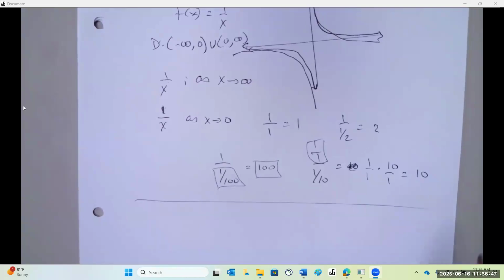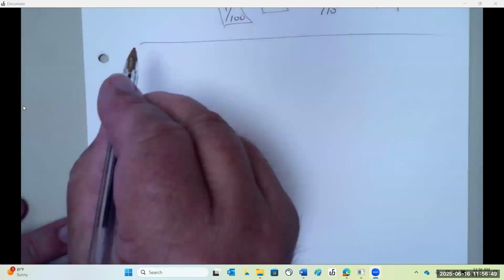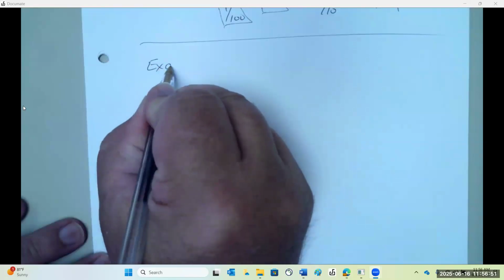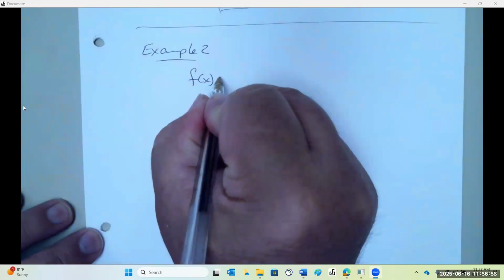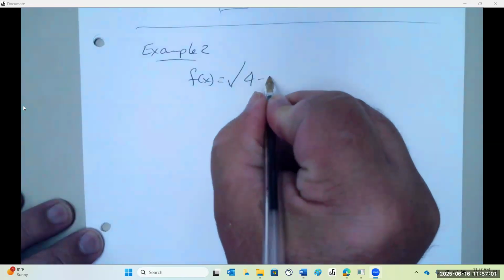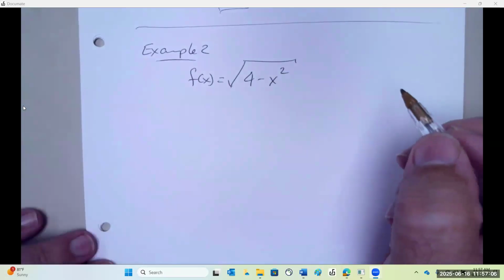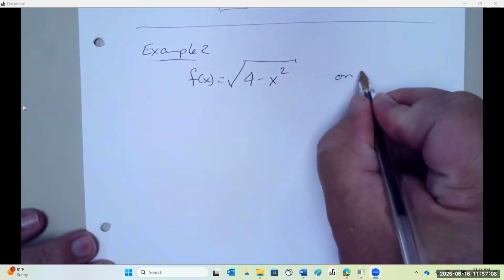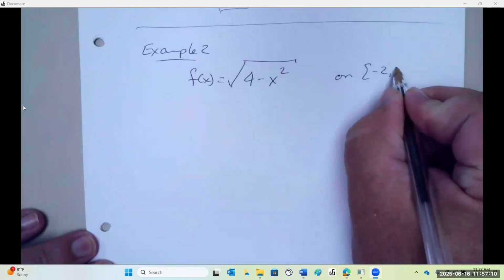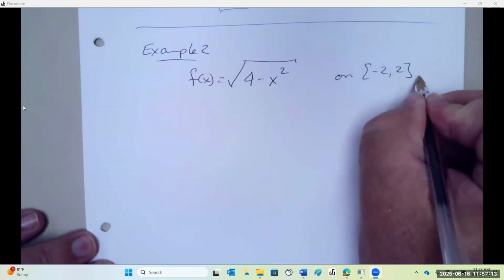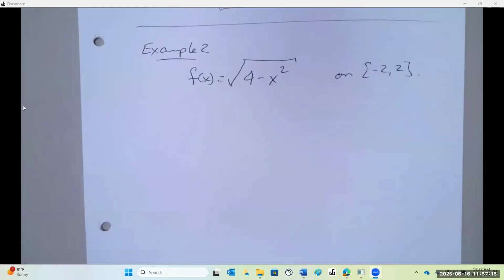Let's look at an example. Example 2. The function f of x equals the square root of 4 minus x squared, on the domain [-2, 2]. Prove continuity.